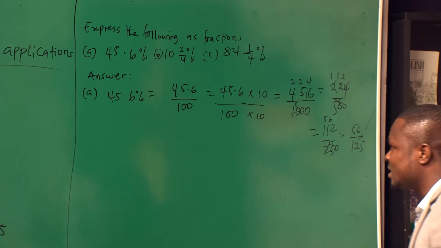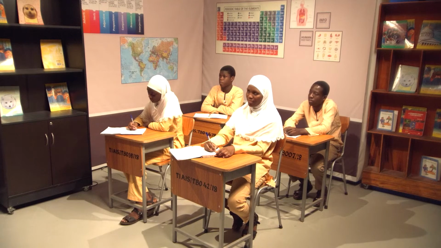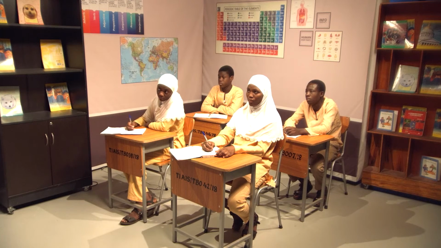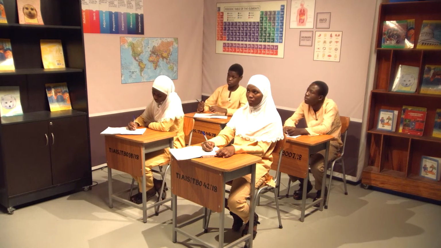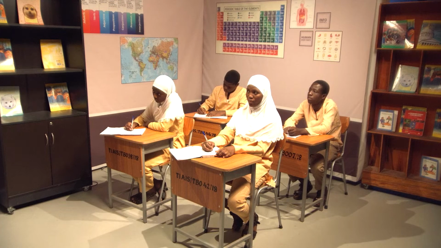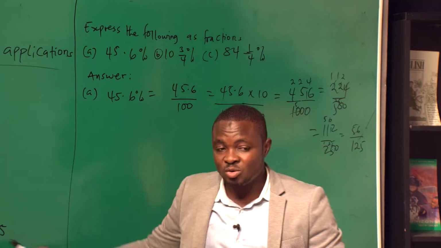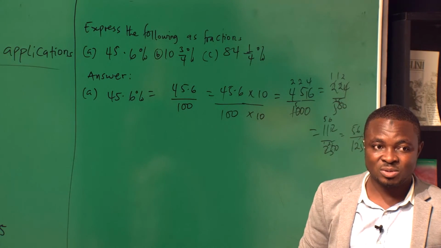So now the second example is 10 whole number 3 over 4%. We can change that also to a fraction. But I've already indicated, so this 3 over 4, 1 over 2, then 1 over 4, 1 over 5, these should be things that you should know. You can easily tell what it is. So here the 3 over 4 stands for what? 0.75, as it is on the board.